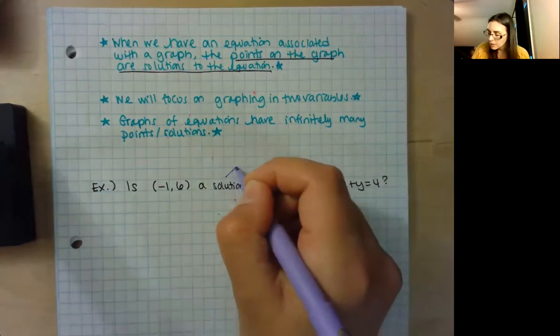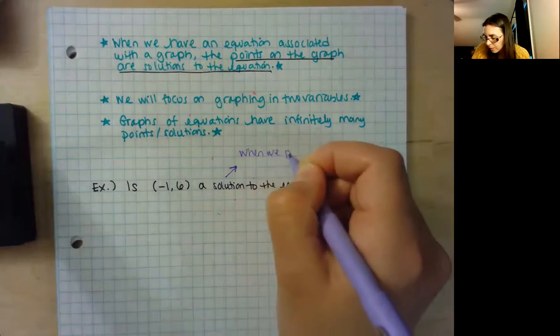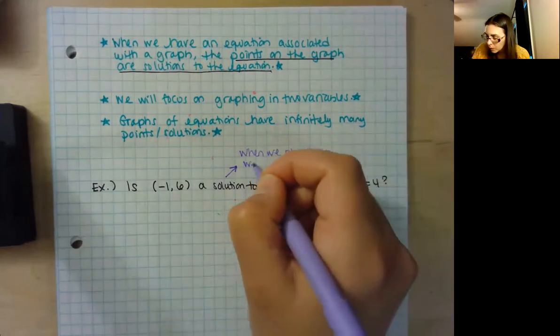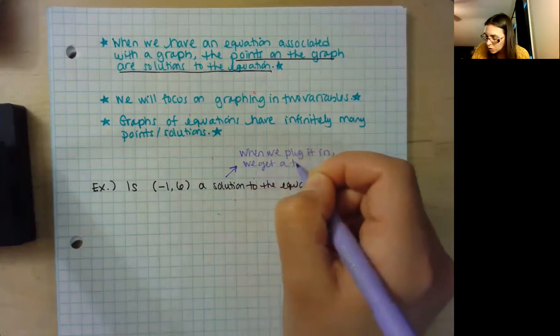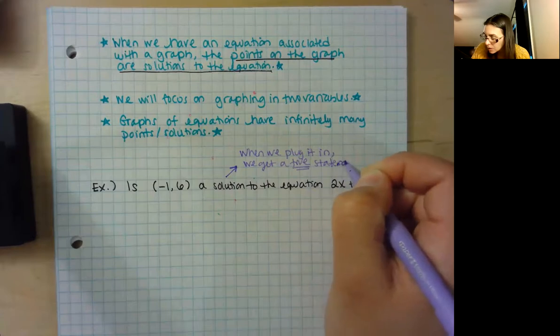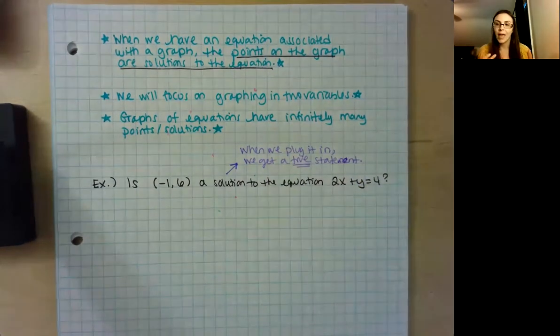Solution means that when we plug in the point, we get a true statement. That definition of solution holds true no matter how many variables you have. Even if you went to a higher level math class and you're dealing with 3 variables, it's the same definition. You would have a point that has 3 coordinates instead, and you would plug them all in to see if you get a true statement.